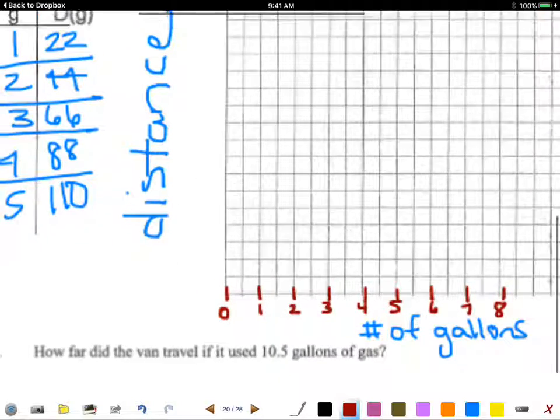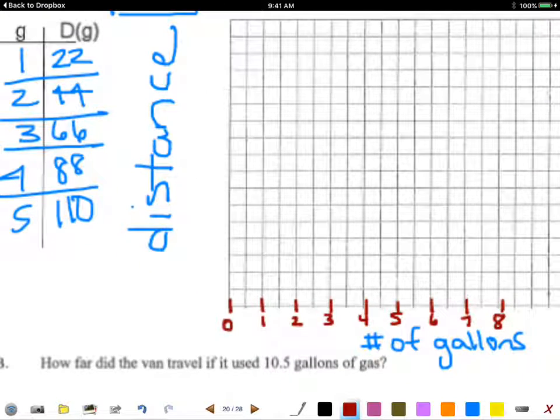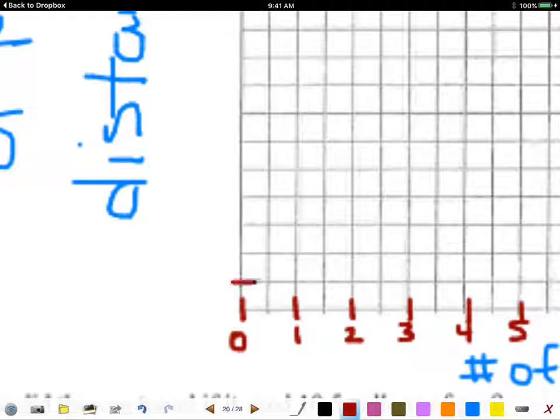Okay, and then the money goes up to 110. So what do you suggest we count by here? You want it to try to fill up as much as you can going up the y-axis. By 11. 11s is what we decided to use earlier today. I think that's kind of nice. That works out nice.